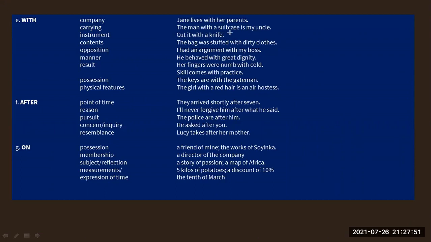The man with a suitcase is my uncle. The man carrying a suitcase. In this case, the preposition with is used to indicate carriage, something that someone is carrying. That means the man carrying a suitcase is my uncle.